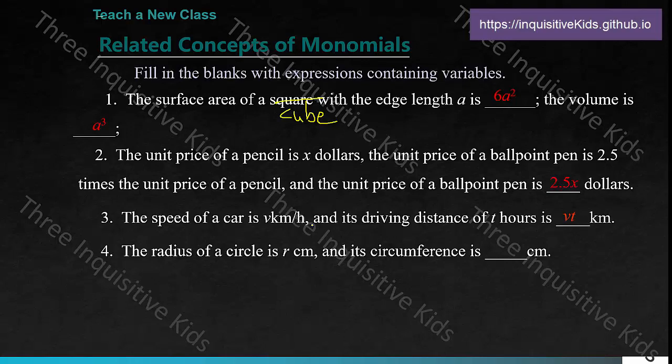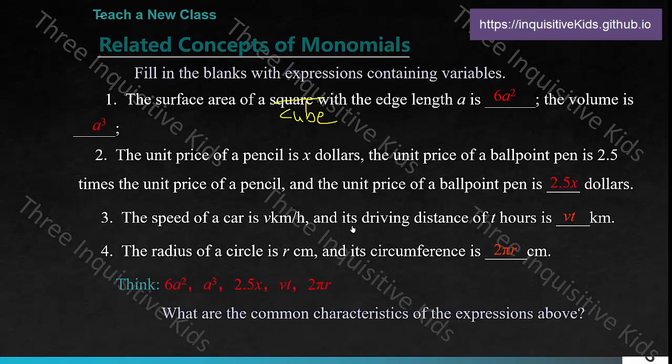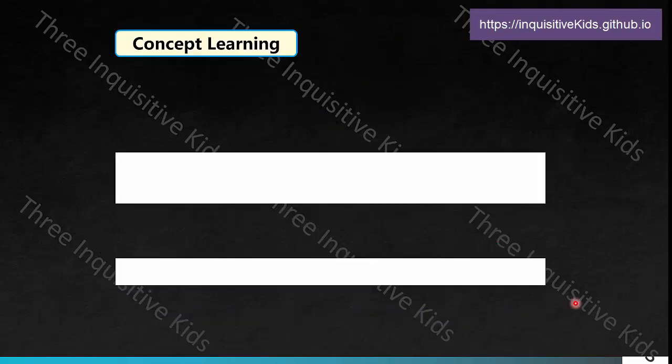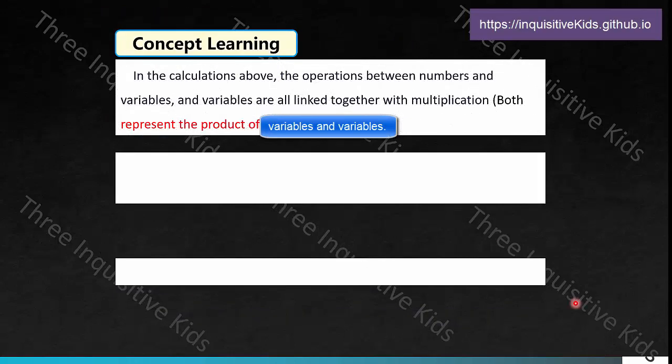4. The radius of a circle is r centimeters, and its circumference is 2 pi r centimeters. Now think, among all of these expressions over here, what are the common characteristics? So now let's do some concept learning.